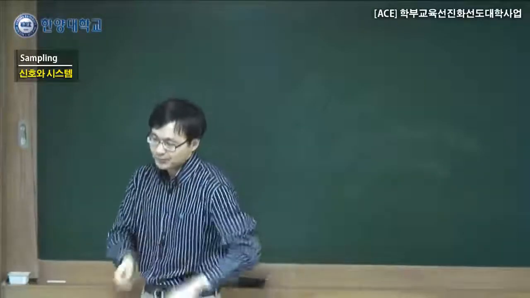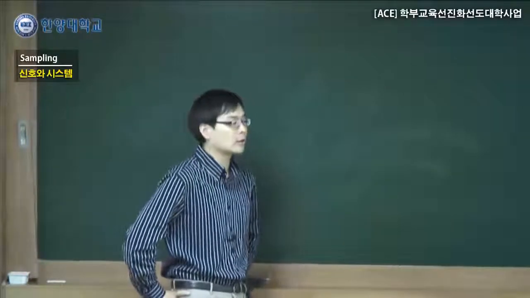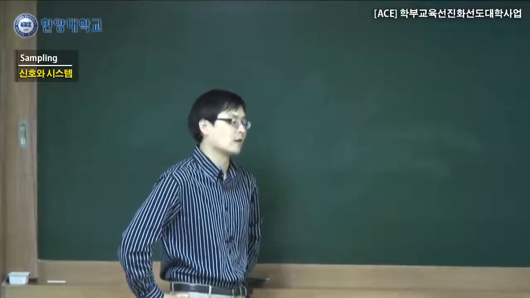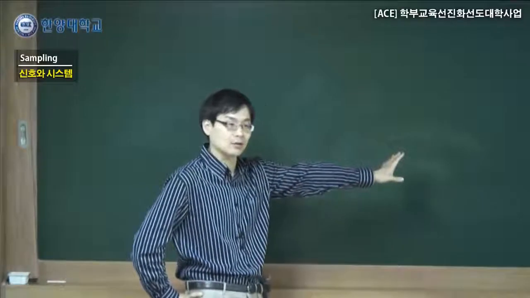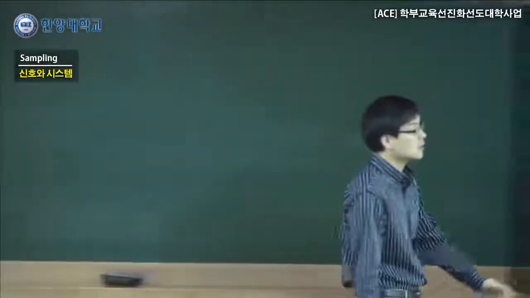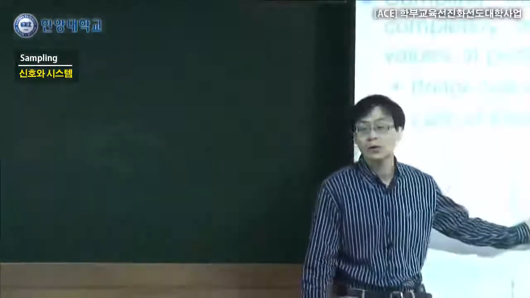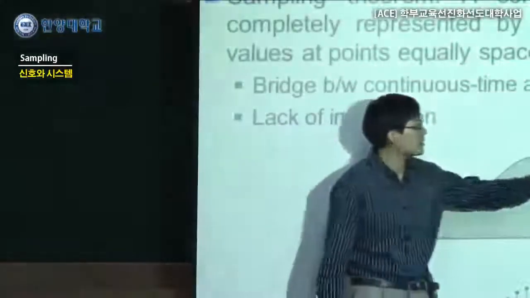So let's talk about the sampling theorem. Sampling is a way of converting a continuous time signal to a discrete time signal. If you see the example shown in the picture at the beginning of the lecture, this is a continuous time signal.